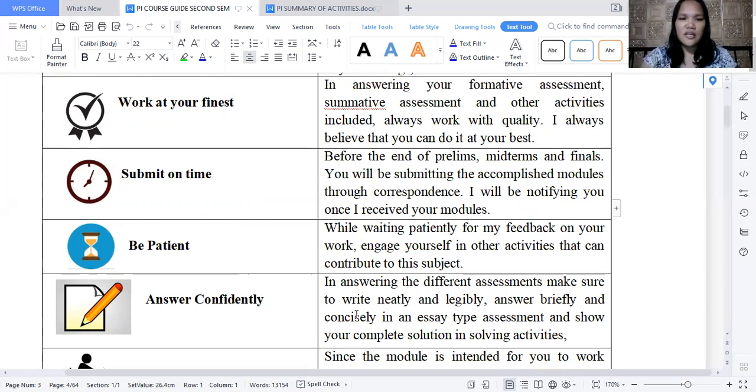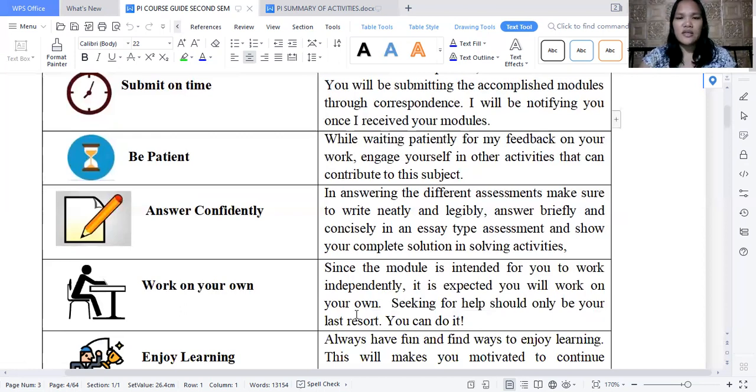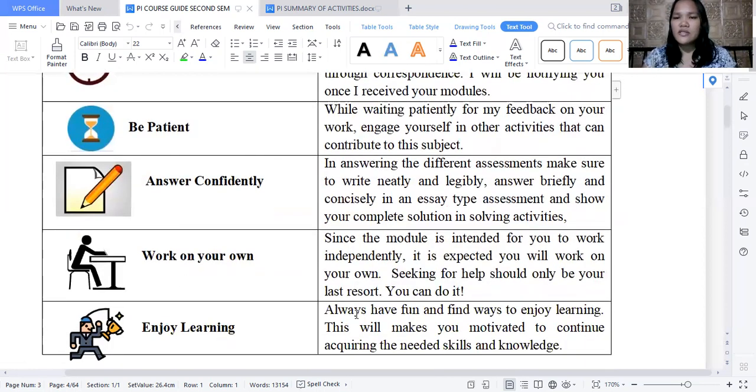And again, answer confidently. In answering the different assessments, make sure to write neatly and legibly. Answer briefly and concisely in an essay type assessment. Ensure your complete solution in solving activities. So do not shortcut. Do not just submit 50 words for an essay.